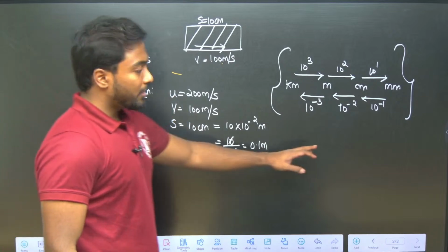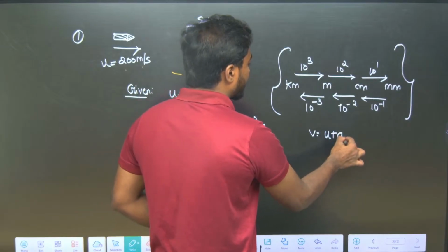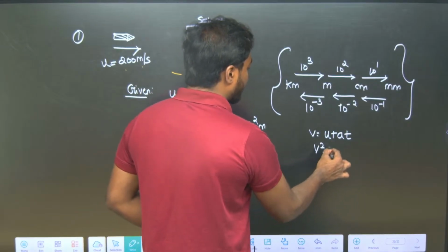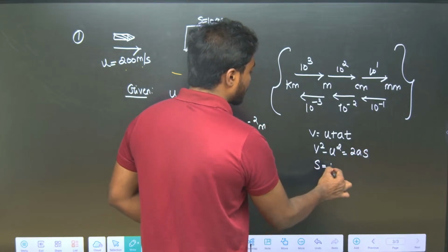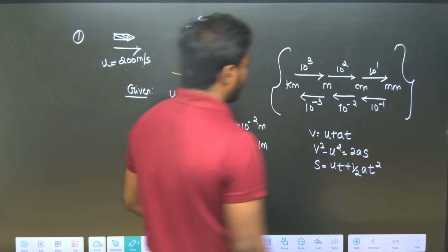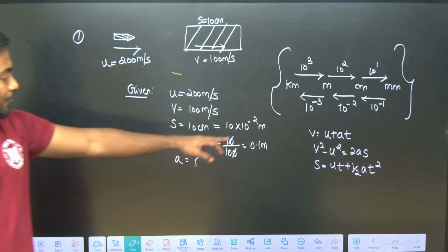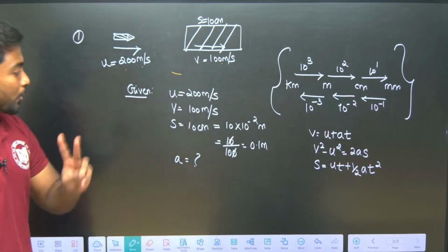So I will write the equations first. v is equal to u plus at, v square minus u square is equal to 2as, s is equal to ut plus half at square. So if I take the first equation, v is there, u is there, but a is not there, t also not there, two unknowns, right?